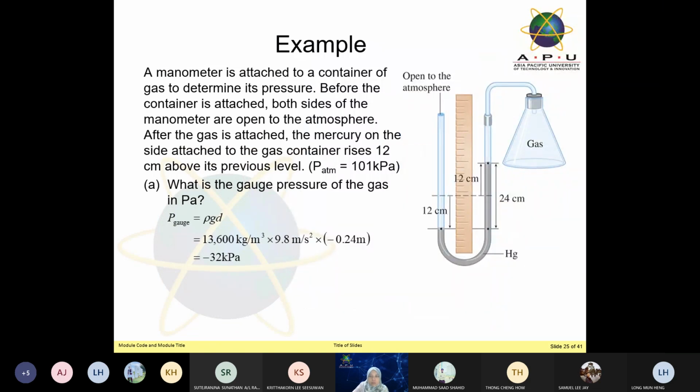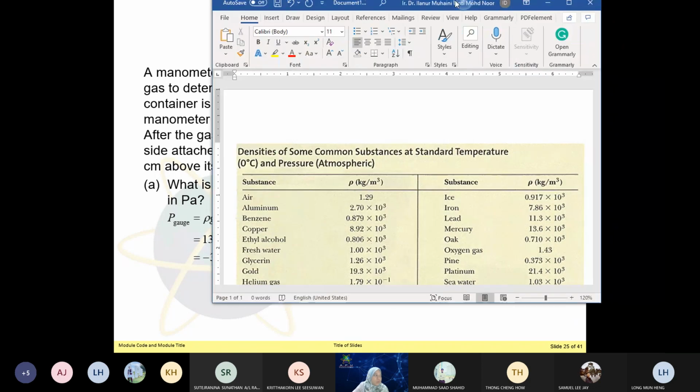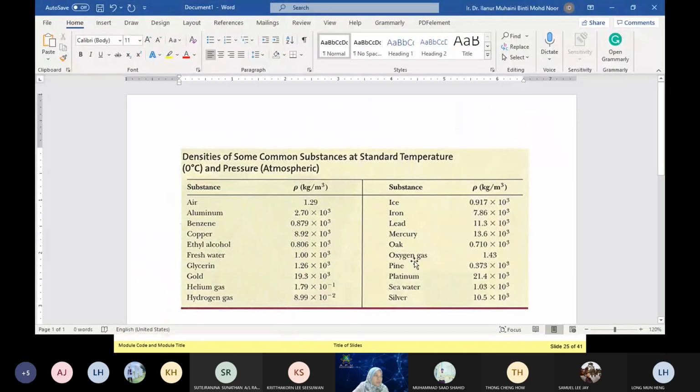Sometimes the density is given in the question itself, so don't worry, the value will be given. For example, if you need the density of lead, it will be 11.3 times 10 to the power of 3.